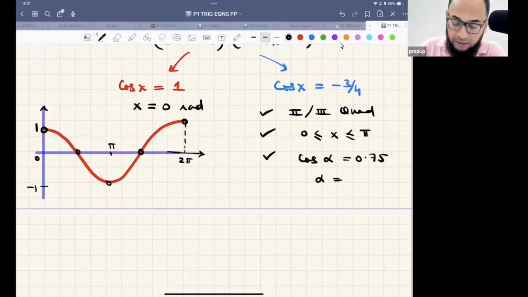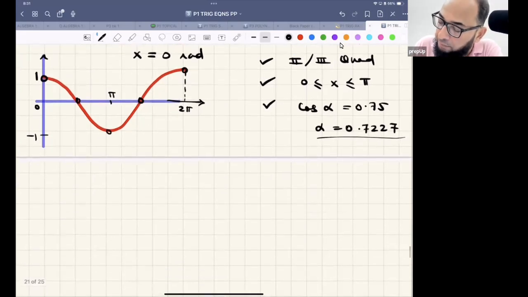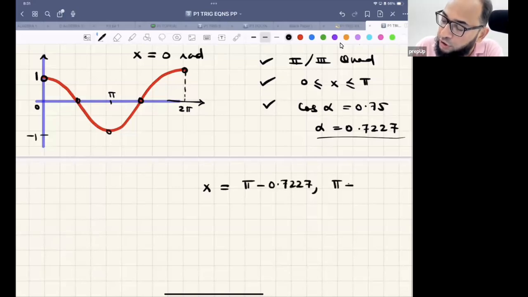Scientific calculator, radian mode, cosine inverse 0.75 equals 0.7227. Therefore, x equals, in the second quadrant, pi minus 0.7227, and in the third quadrant, pi plus 0.7227.